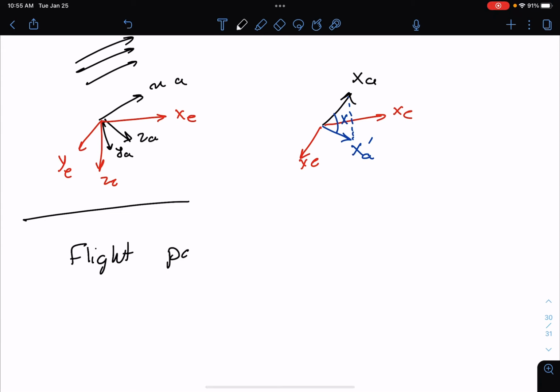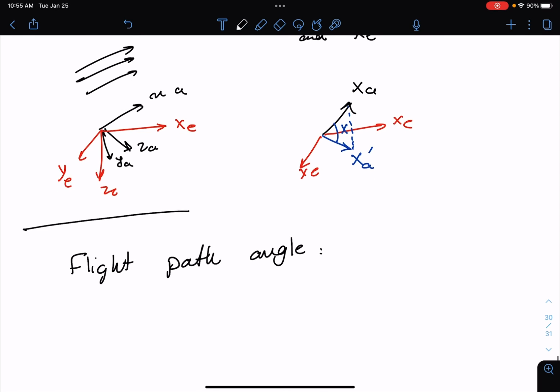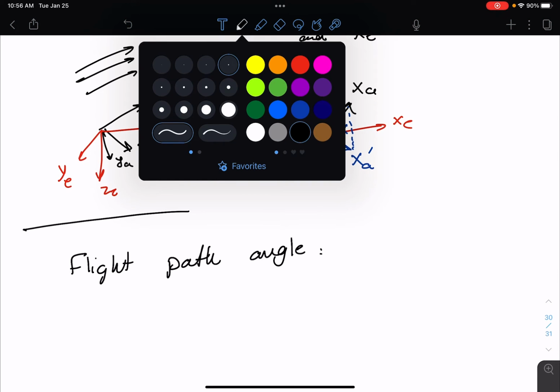This next one is the flight path angle. I made one small mistake. This is also a mistake in the notes. Make sure to fix this. I will also fix it if you have downloaded the notes.